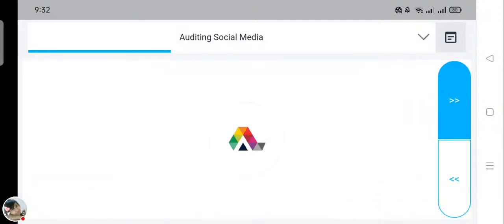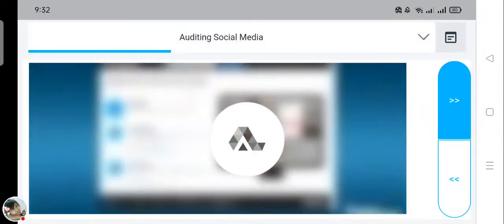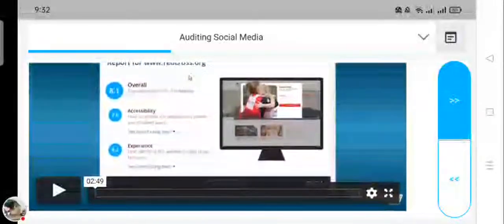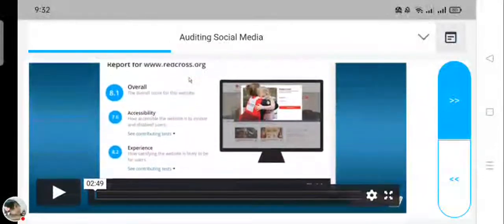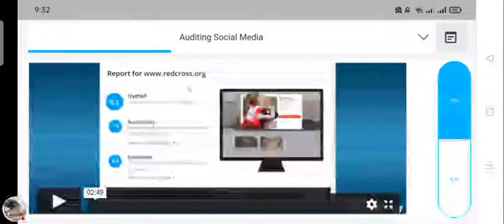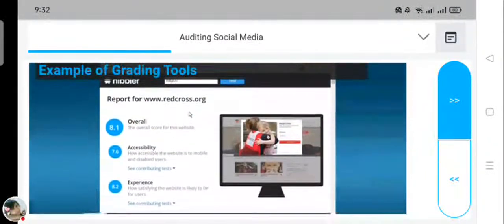Akala ko magko-quiz na ako. Kasi kanina, unang quiz ko, bumagsak ako. So, second topic na tayo doon sa pag-audit bago mag-quiz. Ano lang to, 2 minutes lang tong listening. Ano ba to?